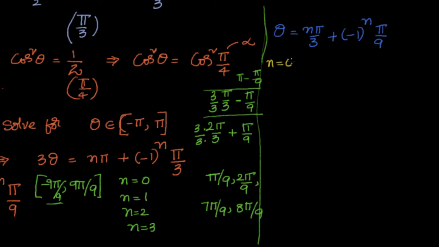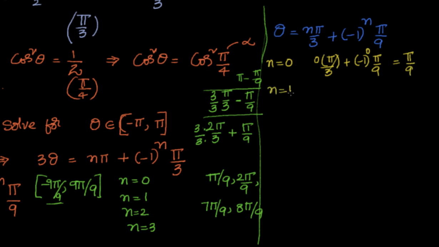Let me take n equal to 0. This becomes 0 into pi by 3 plus (minus 1) to the power of 0 into pi by 9, which is nothing but equal to pi by 9.